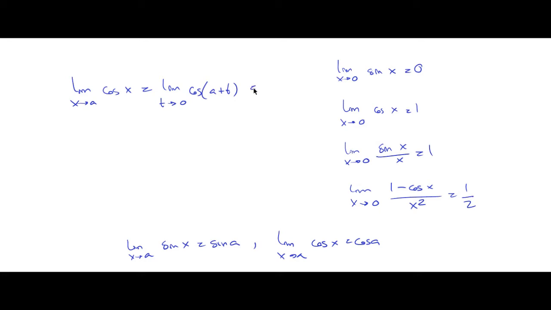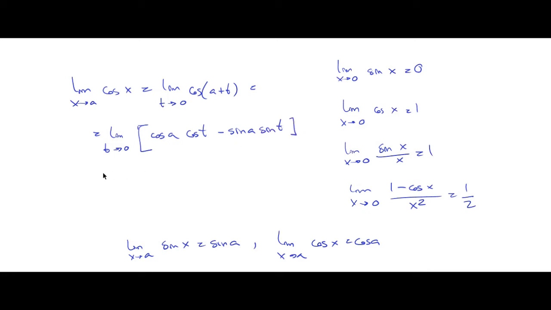We can use the formula for the cosine of the sum of angles. So we have the cosine of a times the cosine of t minus the sine of a times the sine of t.